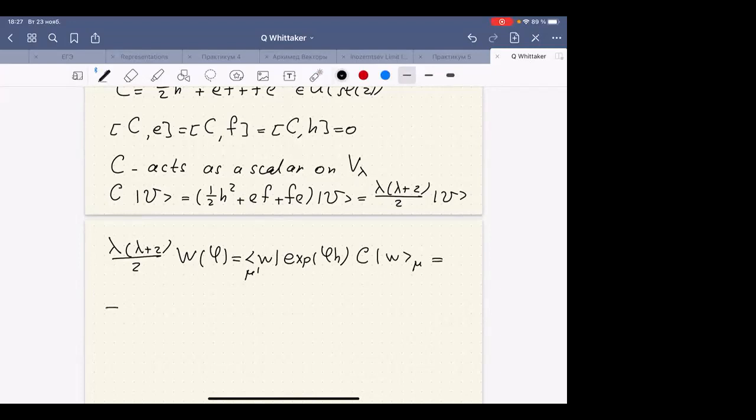Then I consider, I will write it in this way since it is shorter, plus 2FE.